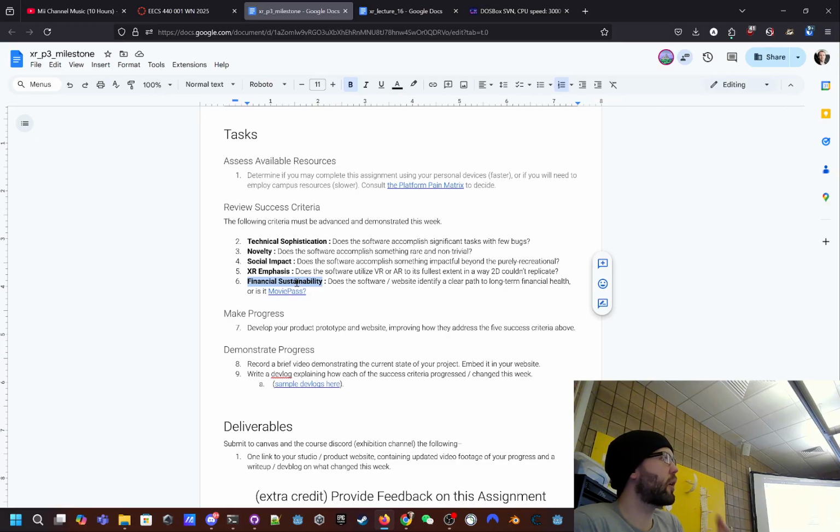Are you going to charge a premium price for this software, a one-time price? Are you going to go with a subscription model? Are you going to go free to play? Are you going to find a grant from a charitable organization so that you can offer your software for free? We want you to spend some time thinking about all of these criteria every week.